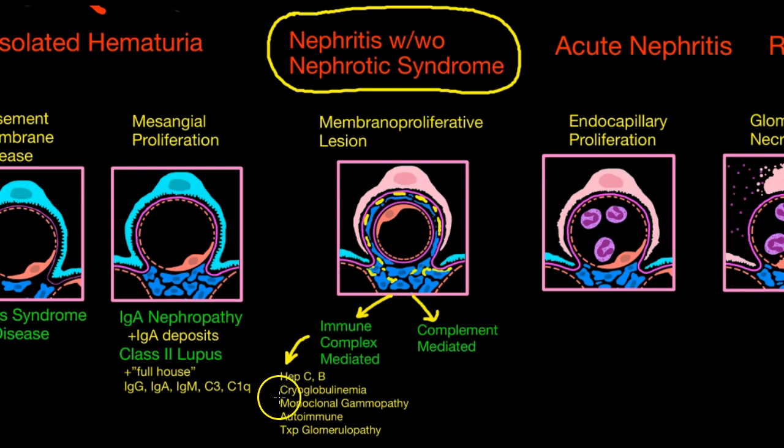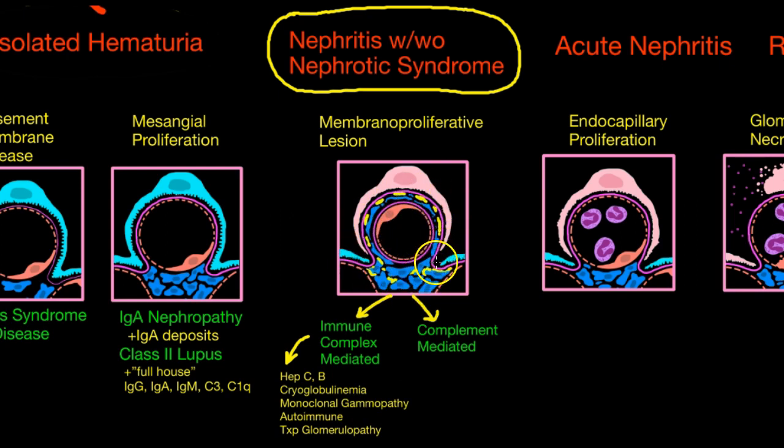Also, a monoclonal gammopathy, so this is like multiple myeloma or a plasma cell dyscrasia that produces way too much of a single antibody that tends to cause the deposits that will cause the MPGN lesion. Also, patients with autoimmune disease, so that includes lupus and others. And then also transplant glomerulopathy is when a patient with a kidney transplant has chronic immune deposit due to alloantibody directed against their kidney graft.